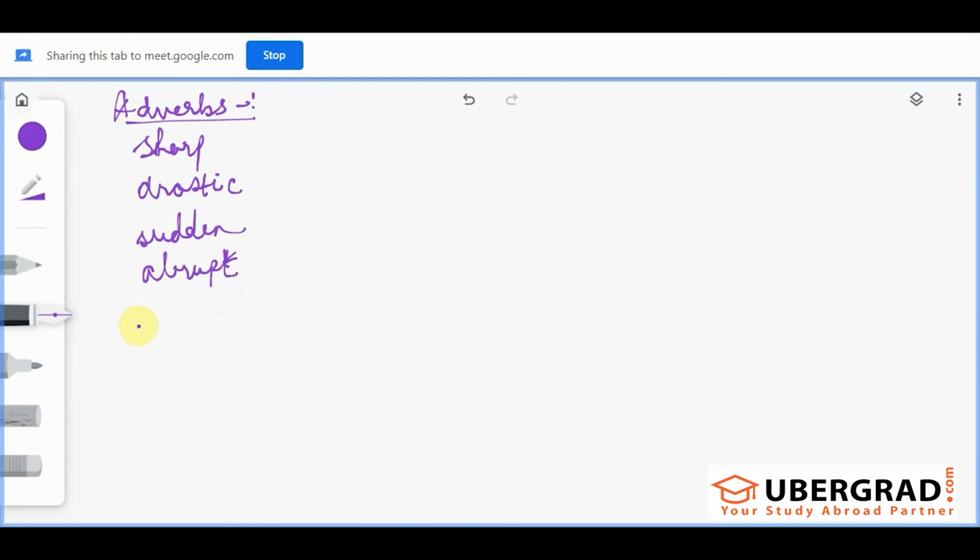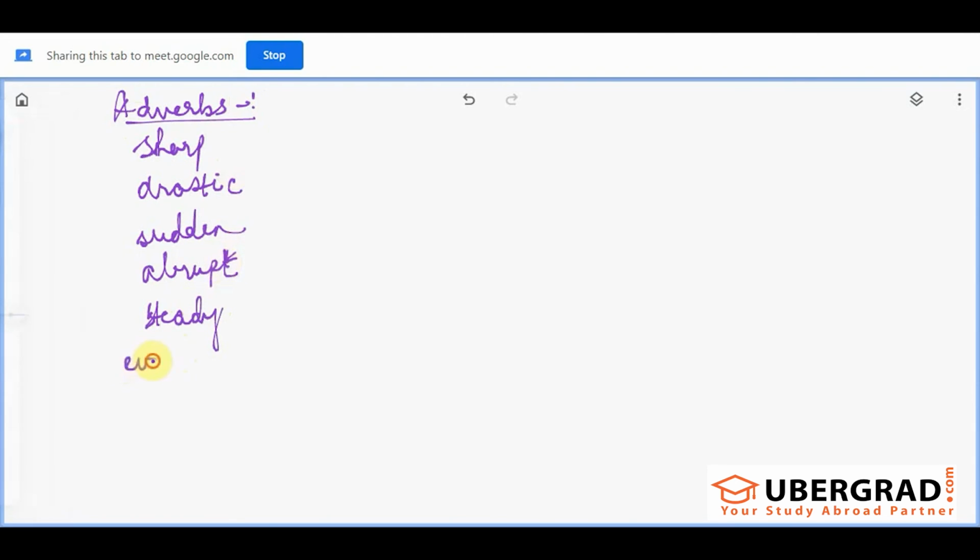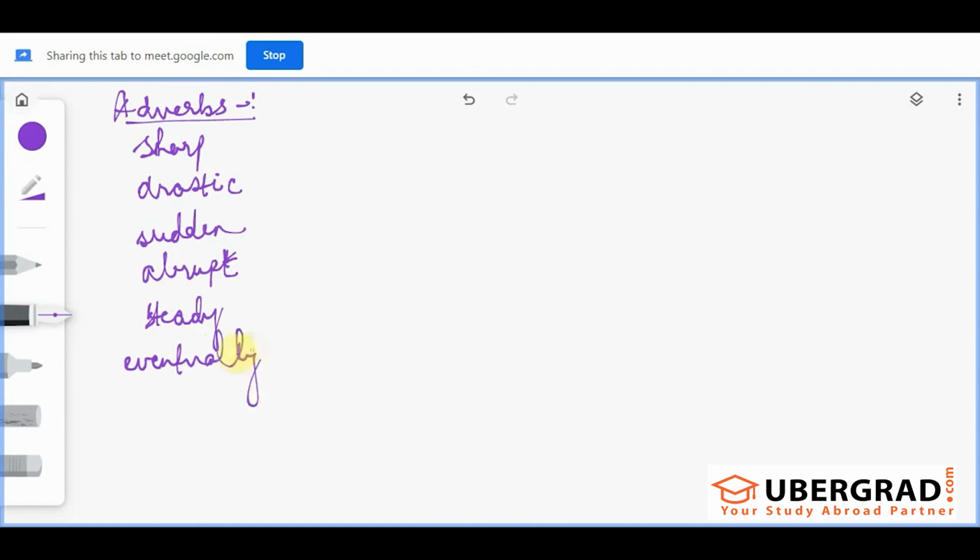Then you can say steady increase or decrease. Okay. So these are the different kinds of eventual, let's say eventually, right?